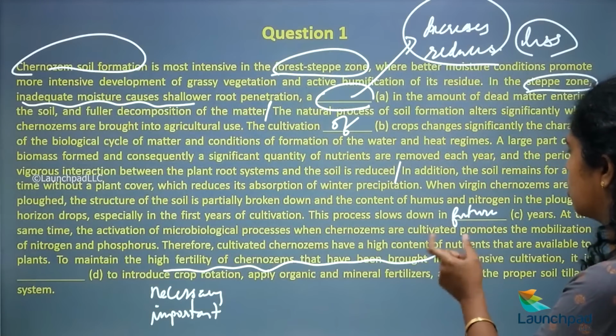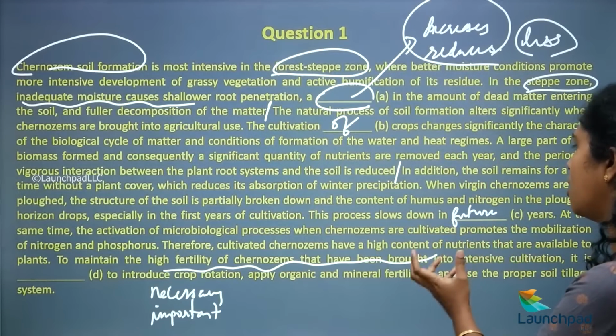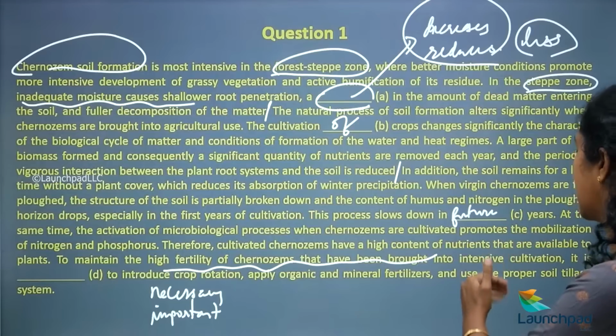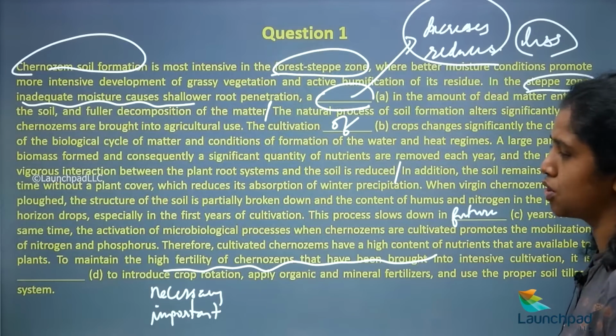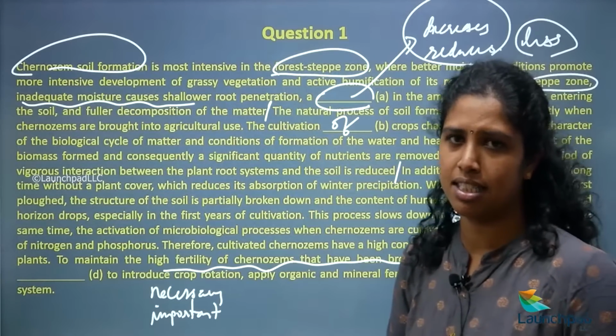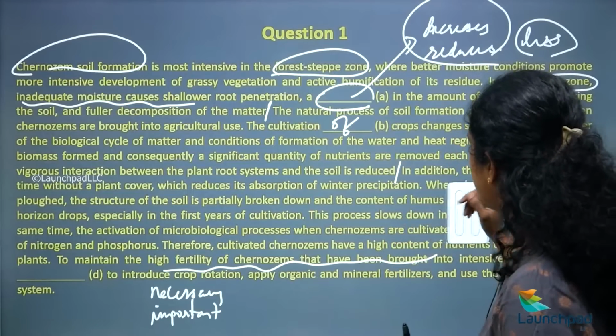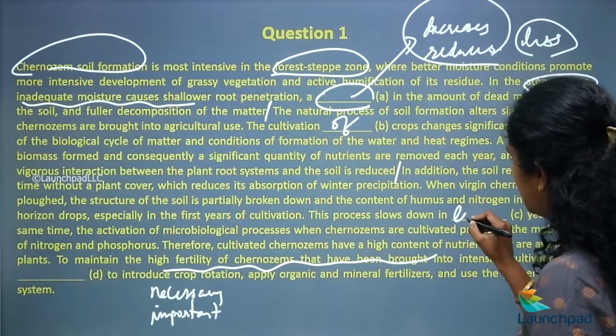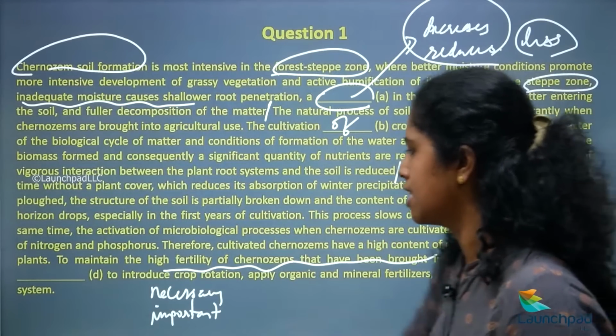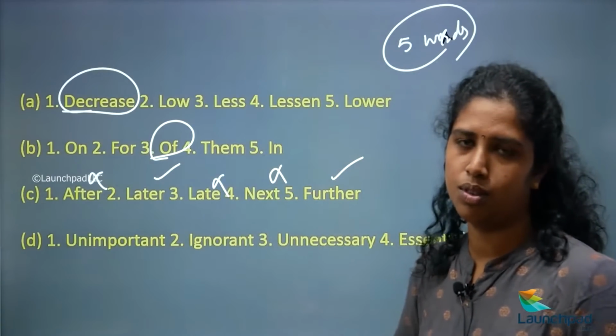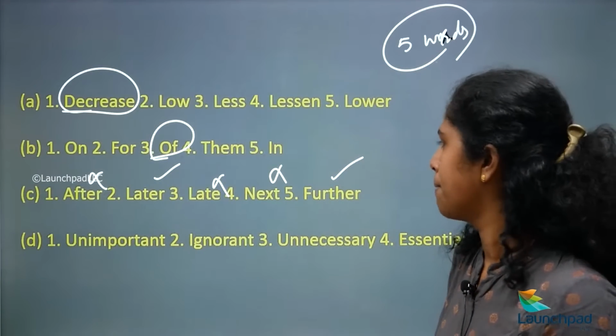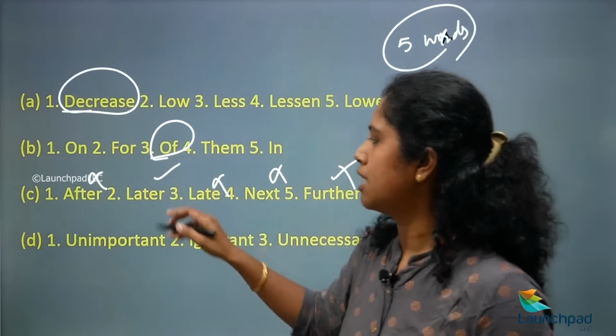This process slows down in later years, or this process slows down in further years. Yes, so you already spoke about the first year. So what will be the right option here? This process slows down in later years. Yes, so later we do not know. Yes, so when it is going to happen. So you can choose the right option, later.